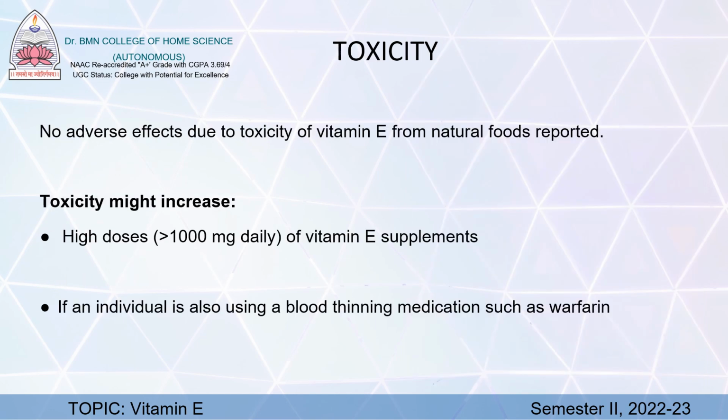At present, there are no reports regarding the adverse effects resulting due to the consumption of vitamin E from natural foods. However, high doses greater than 1000 mg per day of vitamin E supplements, or if an individual is using a blood thinning medication such as warfarin, might increase the risk of toxicity.